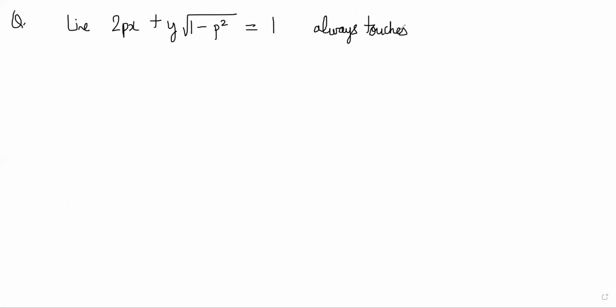Look at this one. But this is easy. You should be able to do this. Line 2px plus y into root over 1 minus p square is equal to 1 always touches x square by a square plus y square by b square is equal to 1 for all p belonging to minus 1 to 1, minus 0.